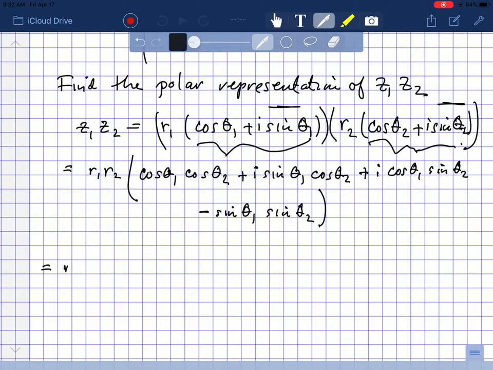And so this is equal to R sub 1 times R sub 2 times the quantity. So let's gather up our real terms. So this cosine theta sub 1 times cosine theta sub 2, and this term here, minus the sine of theta sub 1 times the sine of theta sub 2. These are both real terms, so I'm going to group them together.